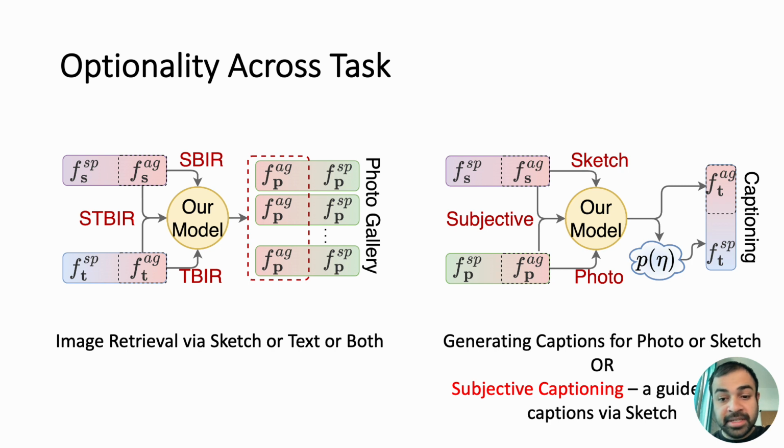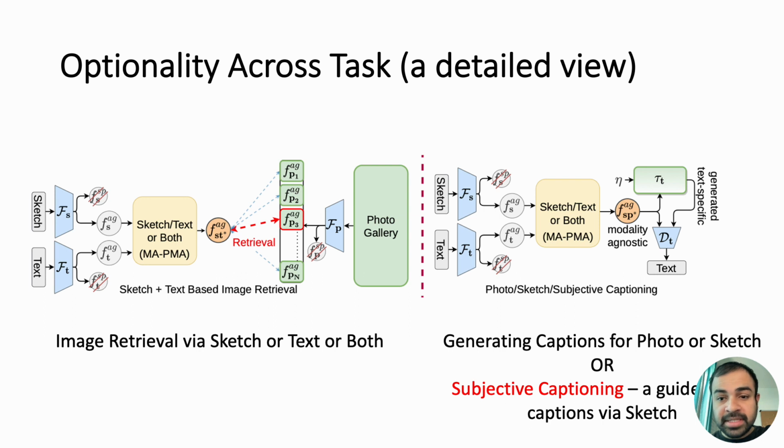One is retrieval, that is discriminative, which focuses only on the most important or relevant stuff and filters minor information like drawing styles when retrieving an image. The second is generative, that explicitly relies on those minor details such as drawing style for a good sketch generation. We present a detailed view of how our method mixes and matches the modality agnostic and modality specific components to perform a multitude of tasks.